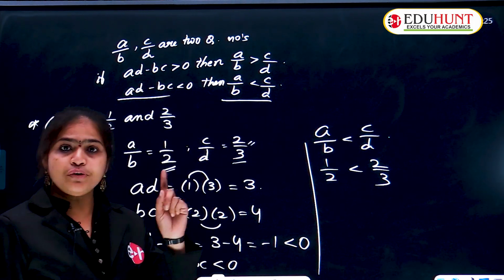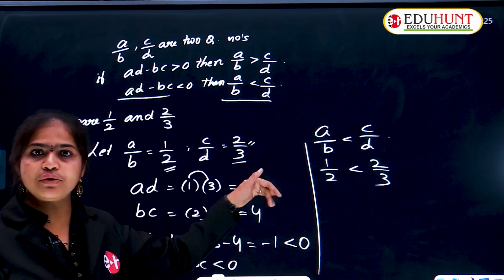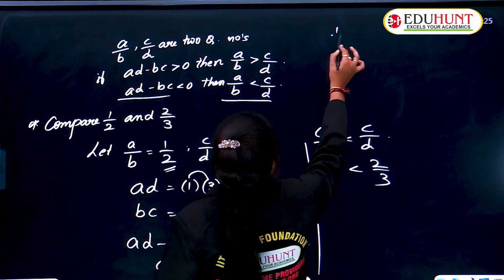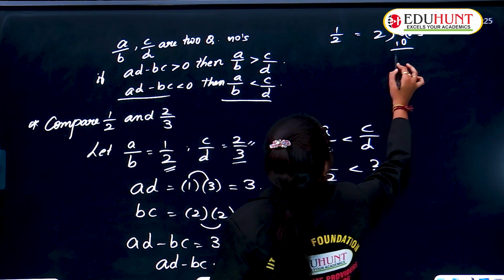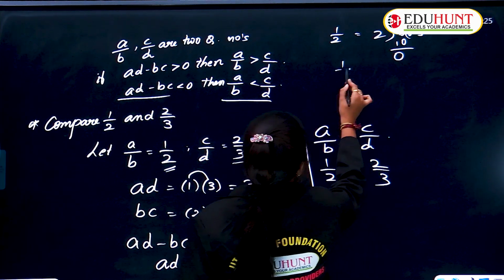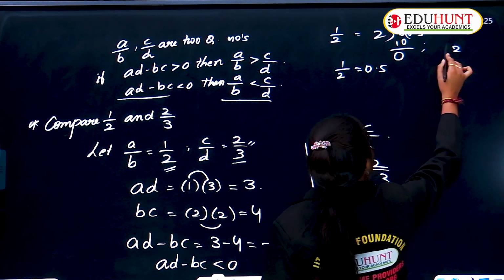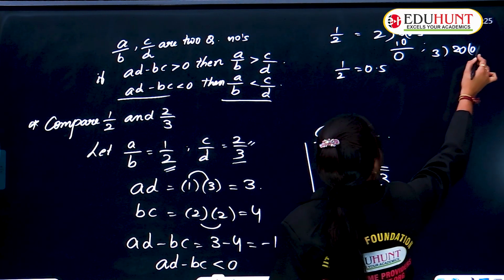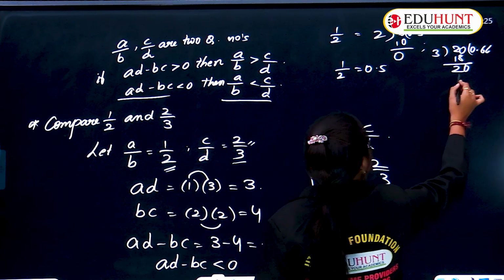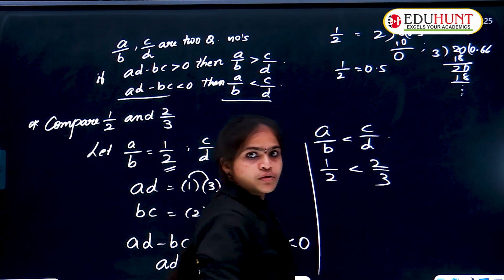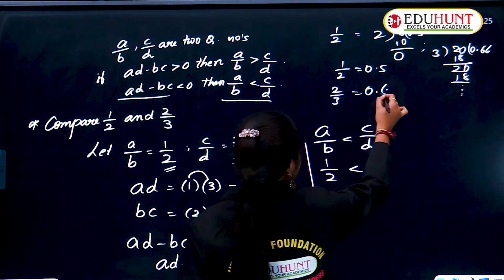If you want to check, just convert these fractions into decimals. You already know how to convert into decimals. 1 by 2 is 1 divided by 2, which is 0.5. Next, 2 by 3: 2 divided by 3 gives 0.6 continuing.